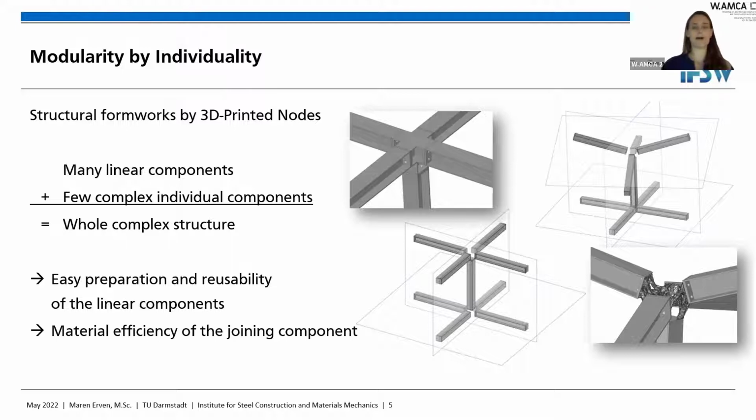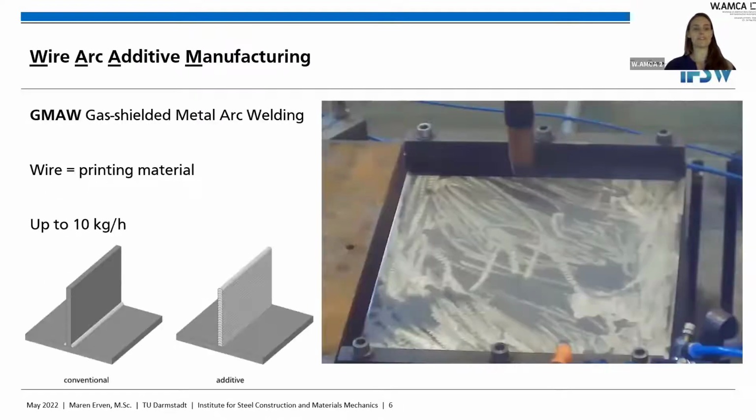Now I want to explain how we print these nodes from steel. I suggest using wire arc additive manufacturing, or WAAM, which is actually just normal gas shielded metal arc welding. But unlike in common construction, where we use the weld to connect two pieces, we use it to create the piece itself by welding on top of each layer. The steel wire is the printing material.